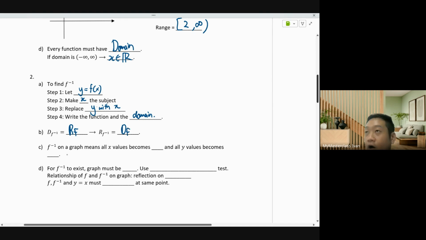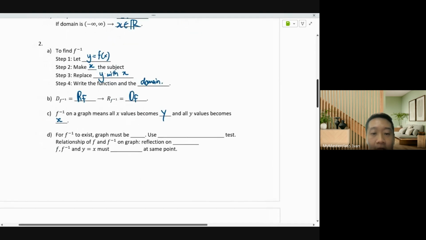F inverse on a graph, Joshua, means all the x values become and all the y values become. Very good. For f inverse to exist, the graph must be, Jonathan? Very good, 1-1.